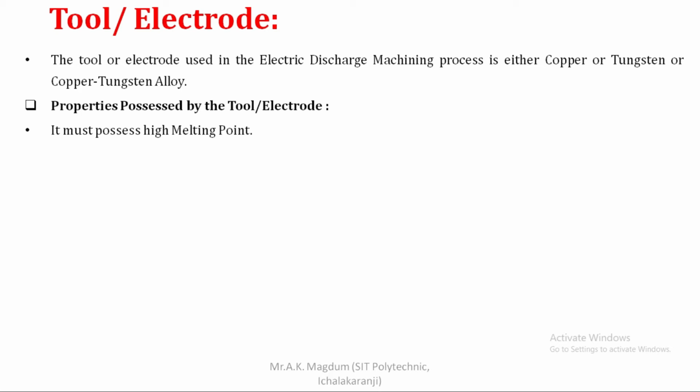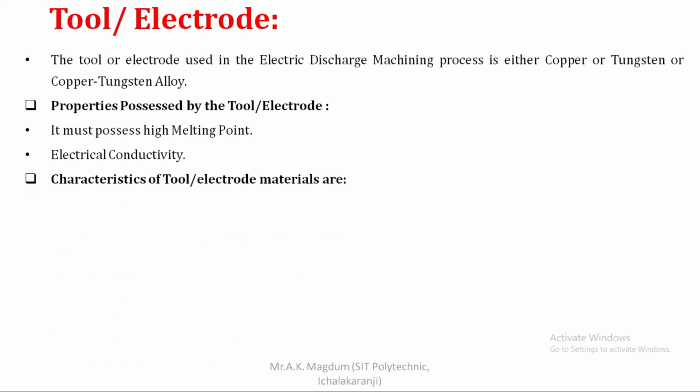That is a very important property required in the tool material because the region of the spark has a high temperature, so there may be chances of melting the tool material. To avoid that, the tool material having a high melting point is a very important property for this EDM process. Next, electrical conductivity. Whenever you want to complete this EDM machining process, the electrode must be a good conductor of electricity. That is a very important property required in the electrode material.